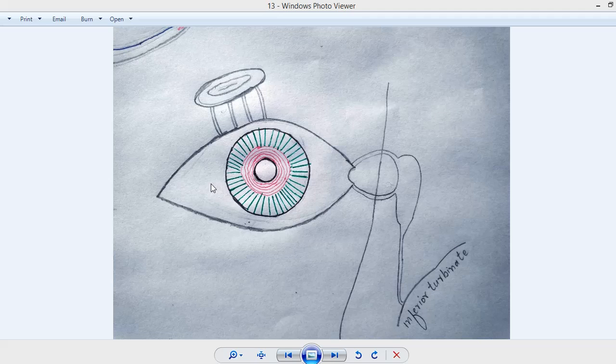But this rarely happens. 90% of the fluid is evaporated from the inferior turbinate, and 90% of the fluid is also evaporated from the eye. But this is produced in very minute quantity inside this lacrimal gland. Less than 2 ml of fluid is produced daily.